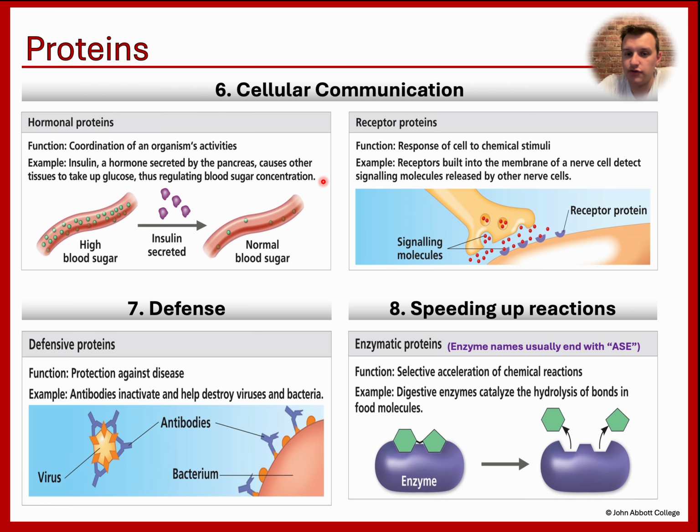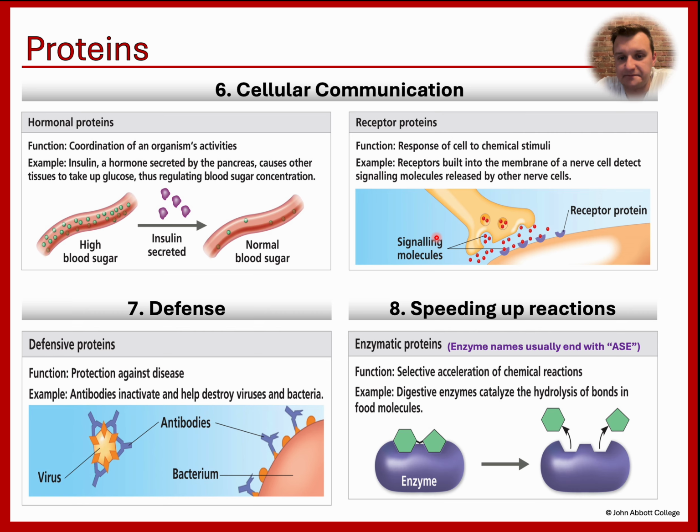Some proteins are used for cellular communication. I gave you the example before of a hormonal protein. That's cellular communication because when you have high blood sugar, insulin is a protein hormone that will cause the blood sugar to go down. So hormones are proteins.